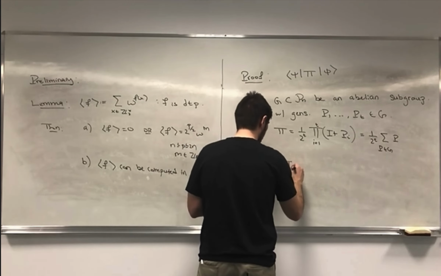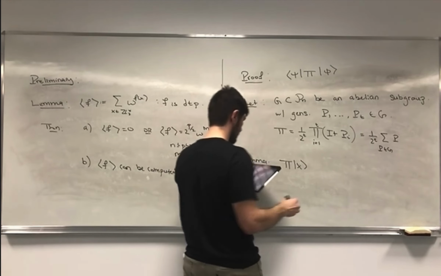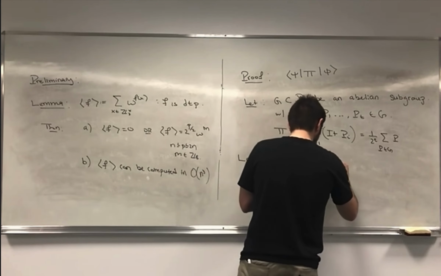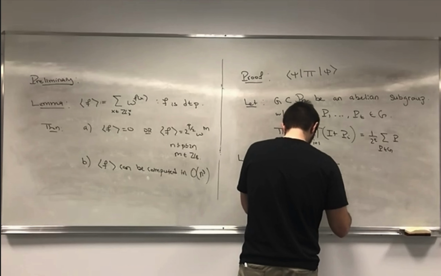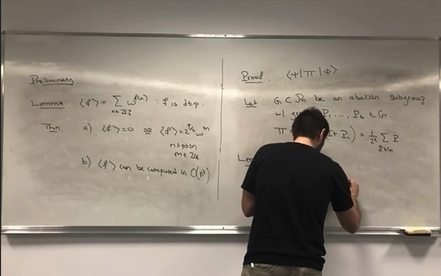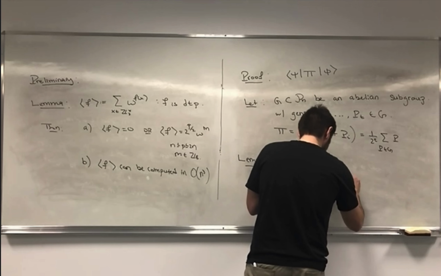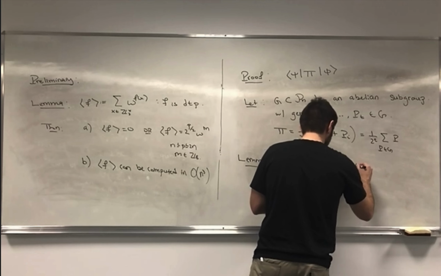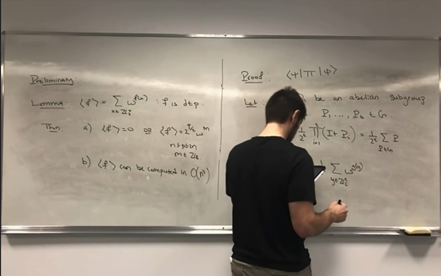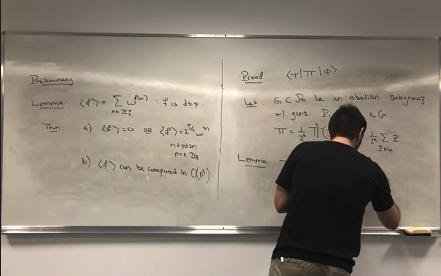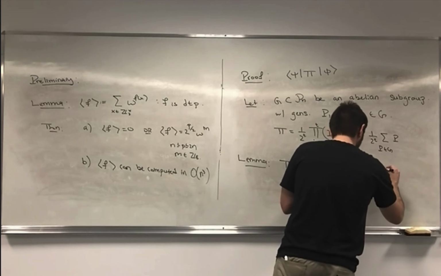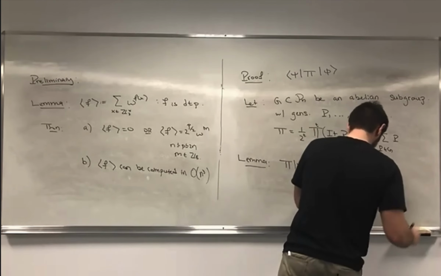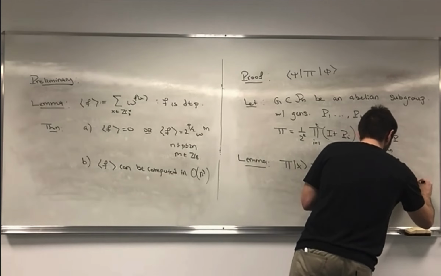If I have pi acting on some computational basis state x, this is equal to 1 over 2 to the T sum over y in Z_2 to the T of omega to the g of y, times negative 1 to the y B x transpose, times the state x plus y.